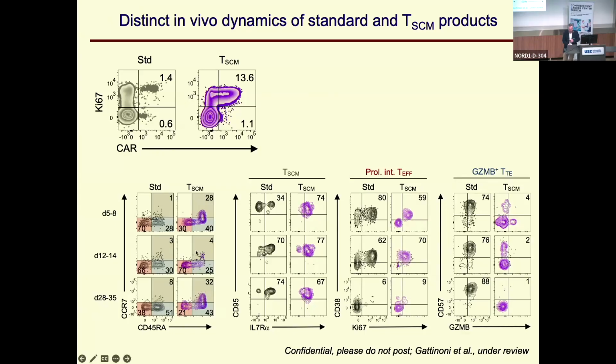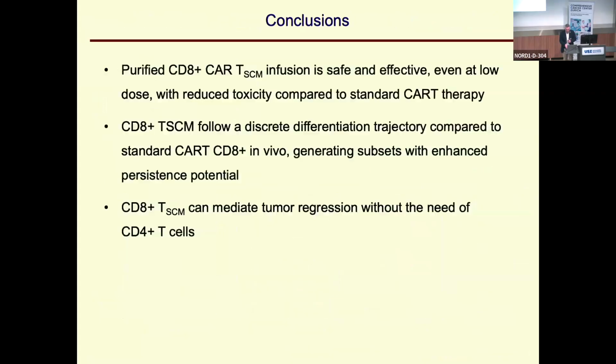But we have the reappearance of cells looking like naive or stem-like in patients receiving a TSCM, and this is associated with higher expression of memory markers such as IL-7 receptor and no expression of CD57. So they tend to go back to their original state and maintain their functional phenotype.